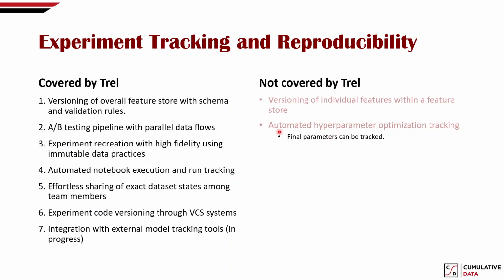Having said that, a form of hyperparameter optimization is possible in Trel, just not the kind of hyperparameter tuning that you would see when you're using scikit-learn and you call a function to sweep through a bunch of parameters. That wouldn't be tracked through Trel, but you can do a for loop through Trel, and we will actually take a look at this in the next video. All right, we'll see you there.